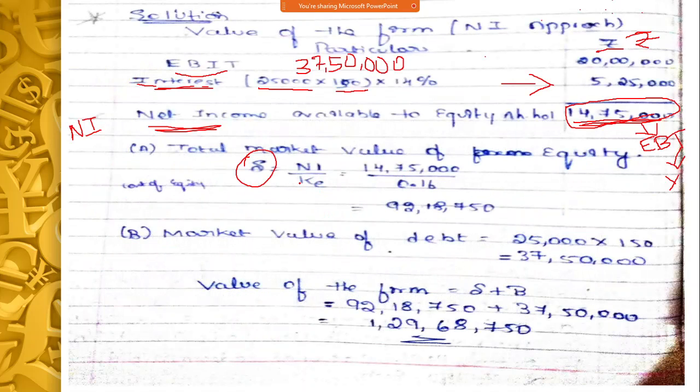Now here, when you have to find out the total value of the equity, you have NI, or net income available for equity shareholders, and you have cost of equity KE. So when you divide the total net income available by the cost of equity, you will find out the total value of the equity.